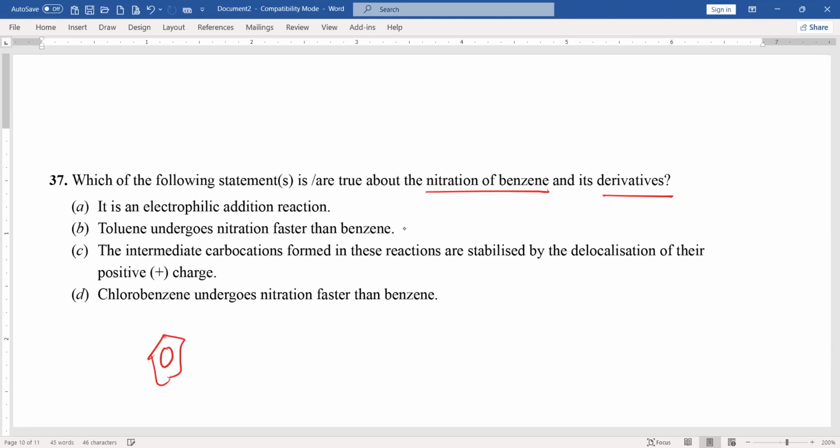Normally, all the reactions of benzene are electrophilic substitution, not addition. Why? Instead of hydrogen, NO2 will be substituted. So it is electrophilic substitution.